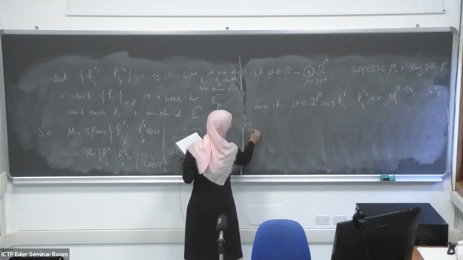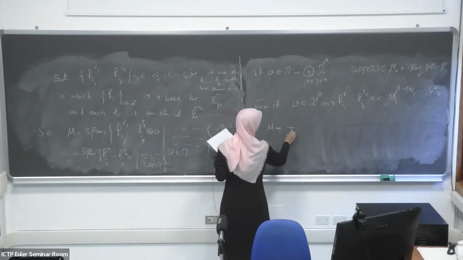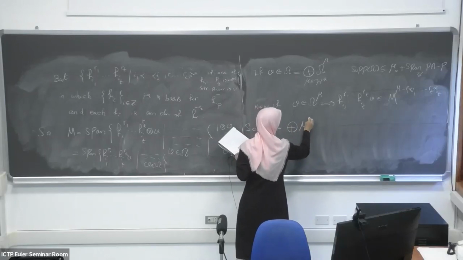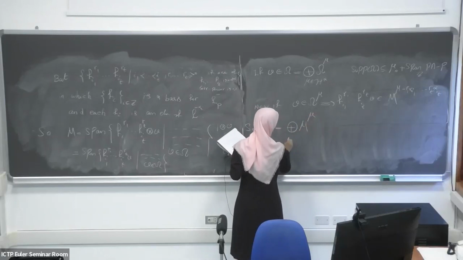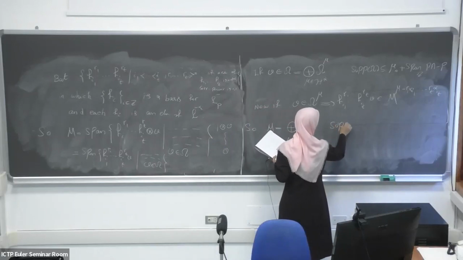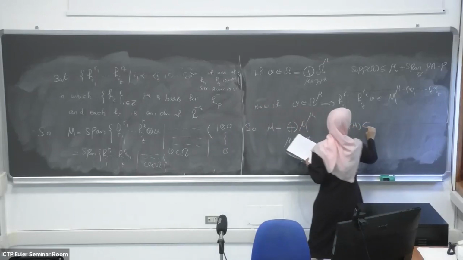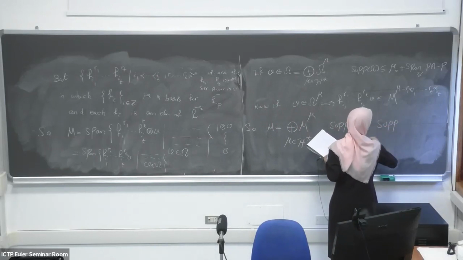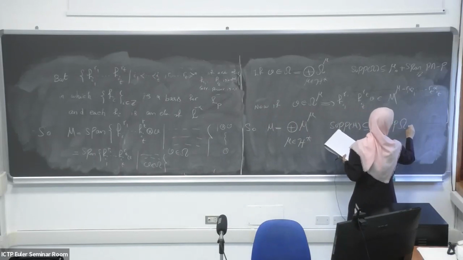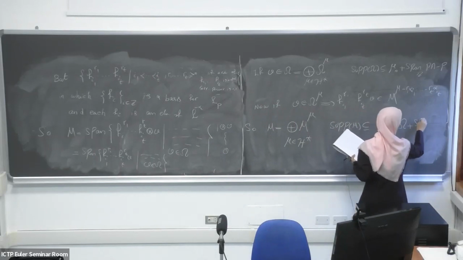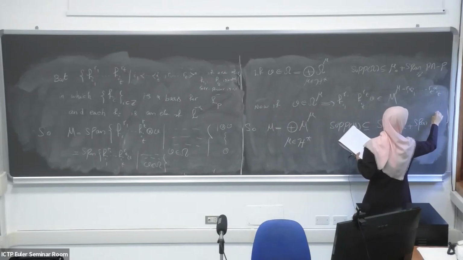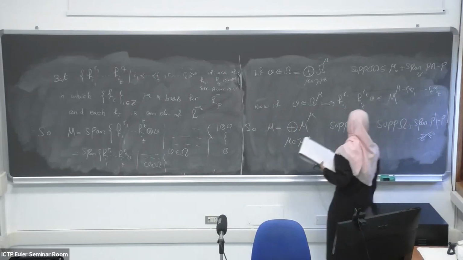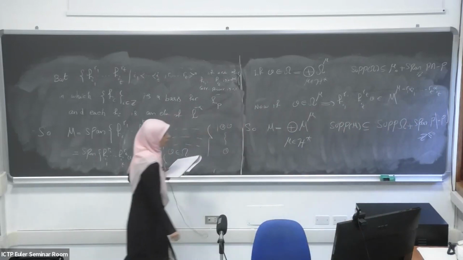So M equals the direct sum of M mu, mu belongs to H star, and the support of M is a subset of the support of omega plus the span of P minus P over Z less than or equal 0.